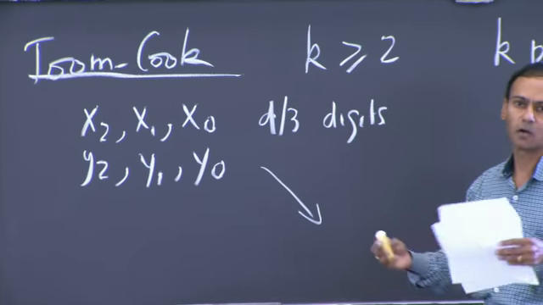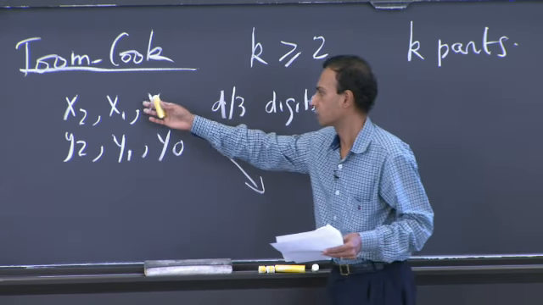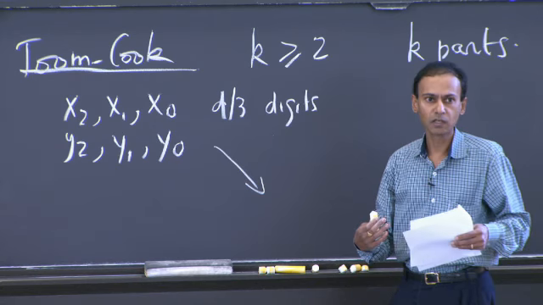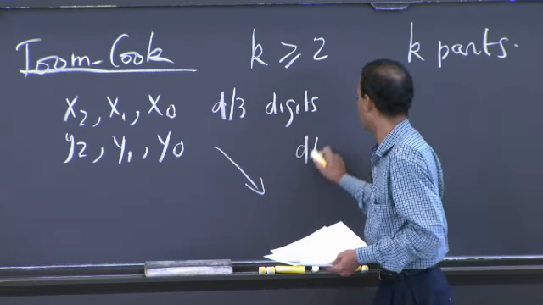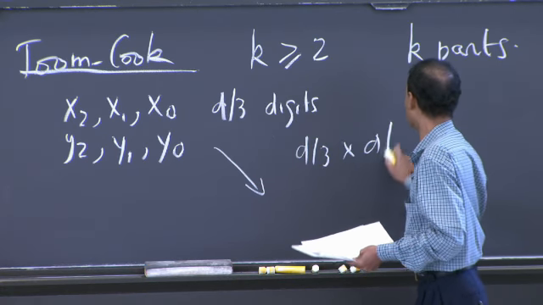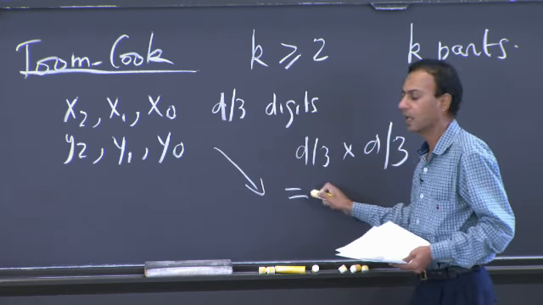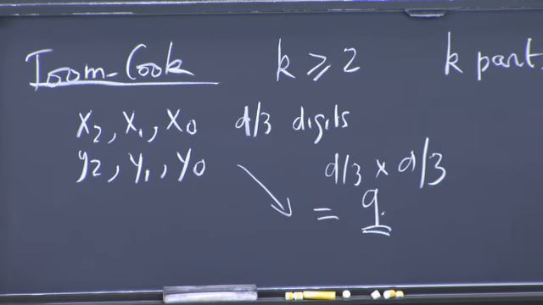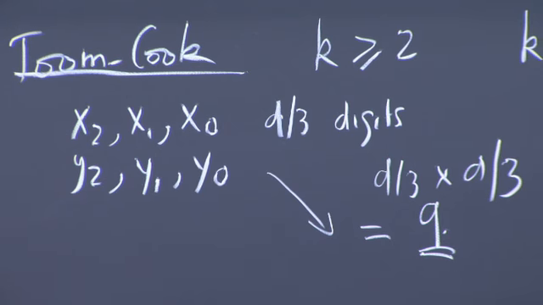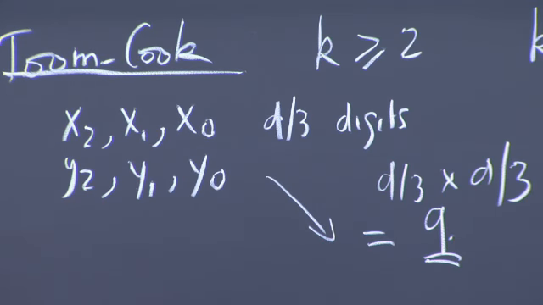If I just forget about any mathematical tricks, if I just try to multiply these things out, how many d by 3 by d by 3 multiplications do I need? 9. Okay? So if you can beat 9 using mathematical tricks, you have a better divide and conquer algorithm.